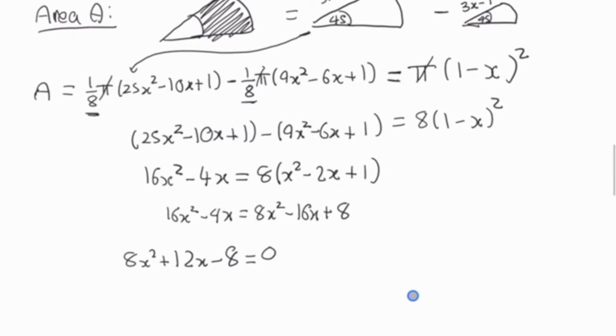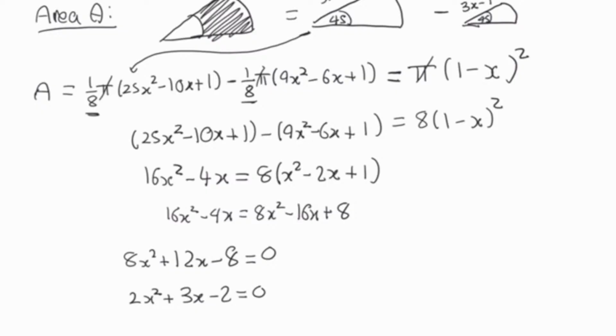Okay, so now we can try to solve this. Notice first of all we can divide everything by 2. Actually, we can divide everything by 4, which will give us 2x squared plus 3x minus 2 is equal to 0.